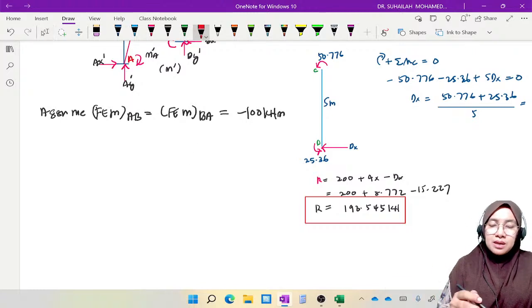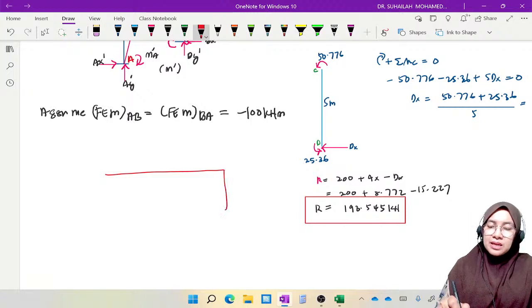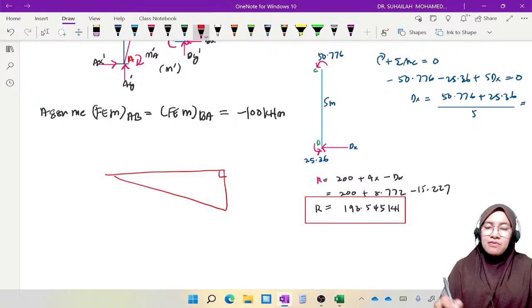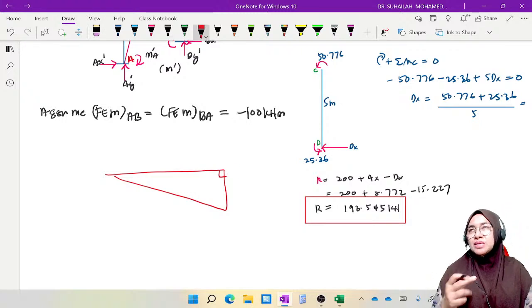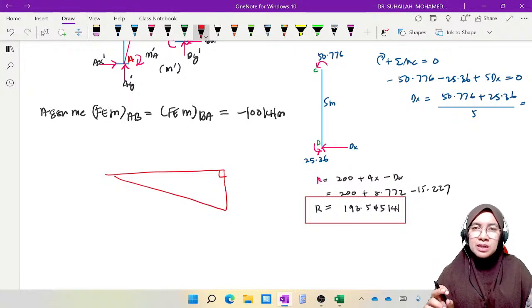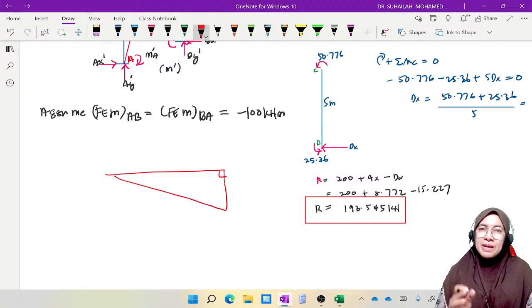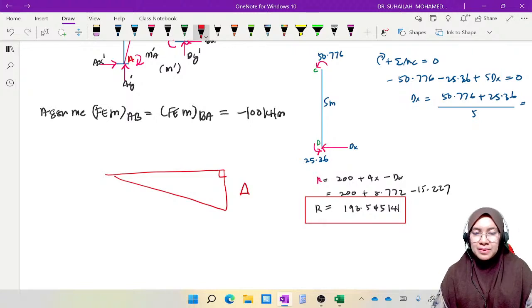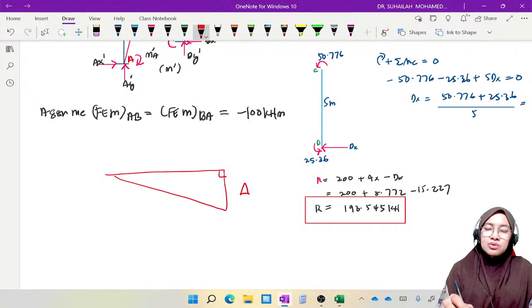If a horizontal member deflects like this, we have to find the triangle. For FEM due to side sway, we deal with delta, and delta is perpendicular to the member. For a beam element, the beam is horizontal, so delta is vertical, and the horizontal is the original position.